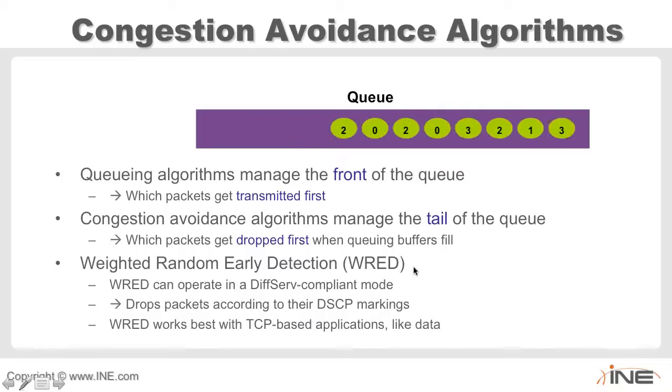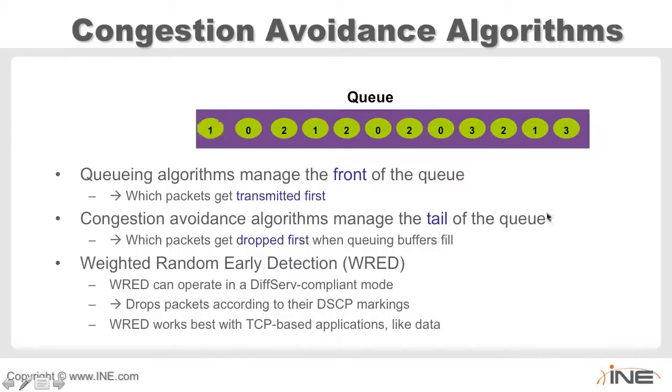So 0 would be the CS, the CS1, CS2, where the drop probability bits are not marked at all. They're all set to 0. But then as soon as I go from CS1 to I want to add a drop probability, I do AF1 and I add the drop probability. Is it 1, 2, or 3? So is it AF11, 12, or 13? Well, 13 is going to get dropped first.